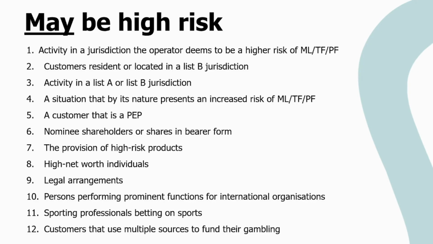Second, whether a customer is resident or located in a List B jurisdiction, then they may pose a higher risk, and this should be considered within the CRA. Third, whether there's activity in a List A or List B jurisdiction. This is a separate consideration to residency or location, and it should consider the following.